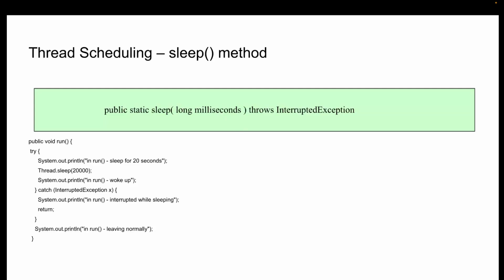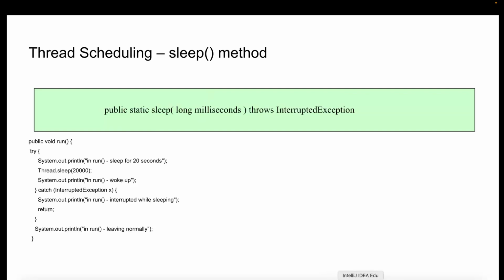If you want to pause the logic, or pause the program for some period of time, then you can use the sleep method. We'll see how we can implement the sleep method.